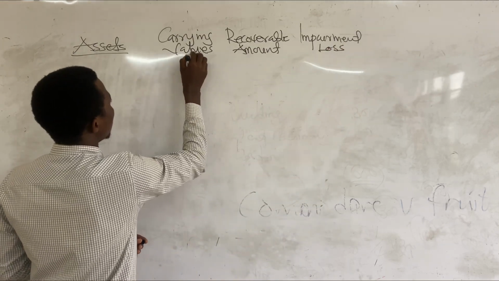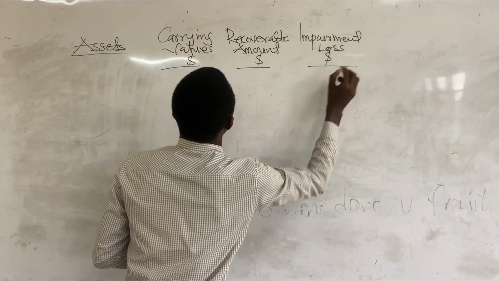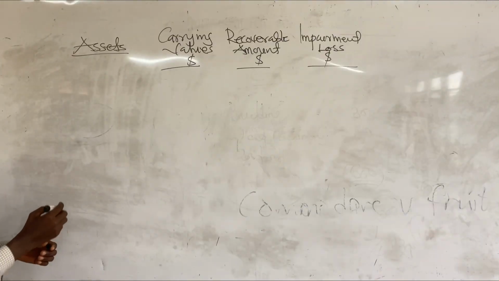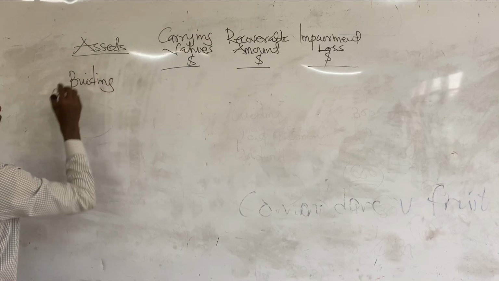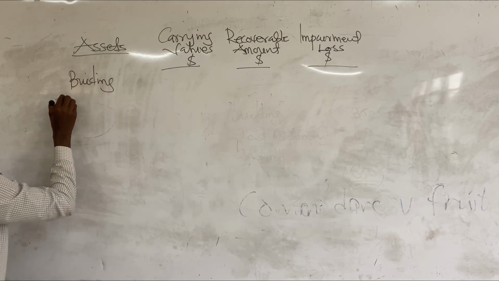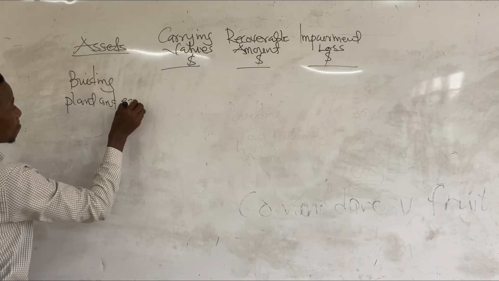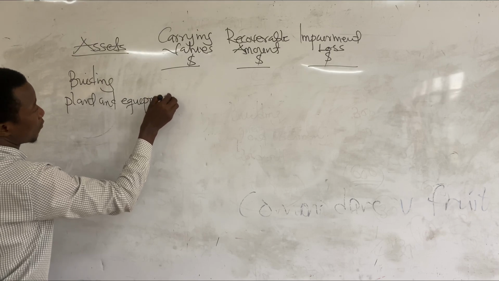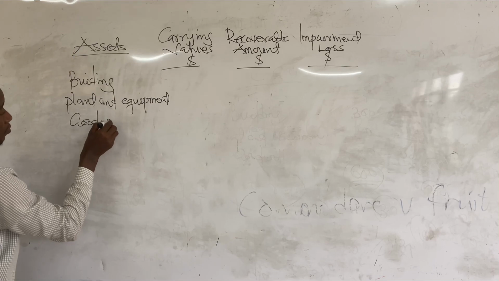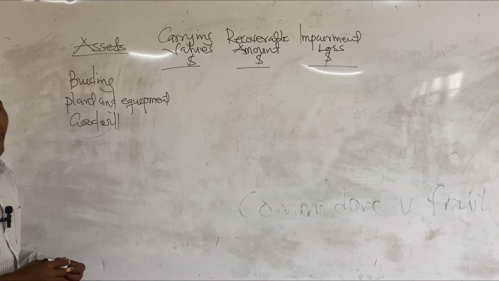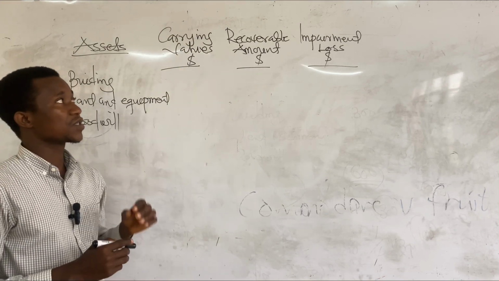All in dollars. Very good. The first asset from the question is building. The second is plant and equipment. The third asset is goodwill. These are the three assets, and we've been given the carrying value in the question with their corresponding recoverable amount.